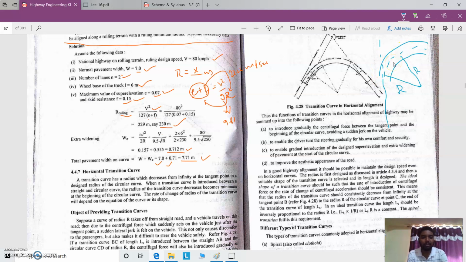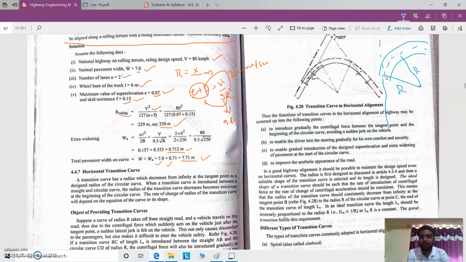So in this case the vehicle will feel a sudden jerk and the passenger will also feel discomfort. To avoid this discomfort and this jerk of the vehicle, we need to consider the transition curve. So why only the transition curve? Why not other curves? These are questions that may be running in your mind.